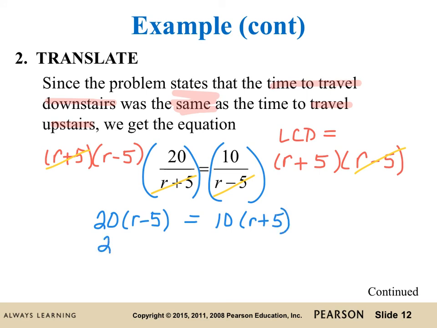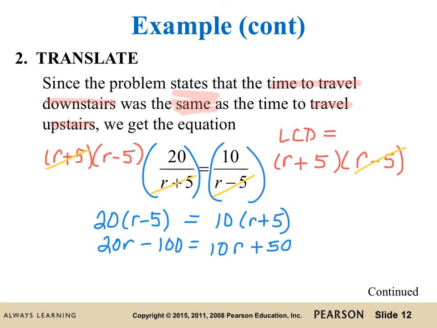So that means that 20 times r is 20r, and 20 times negative 5 is negative 100. And 10 times r is 10r, and 10 times 5 is positive 50, because it's positive 5.